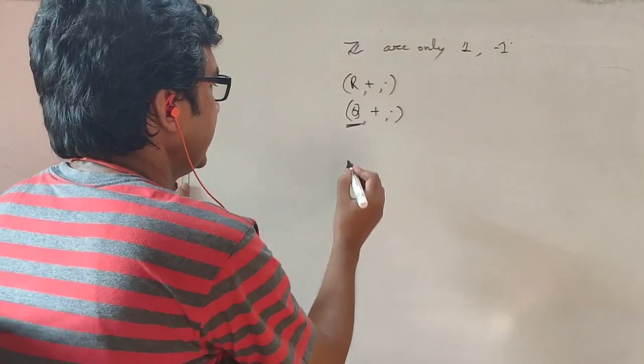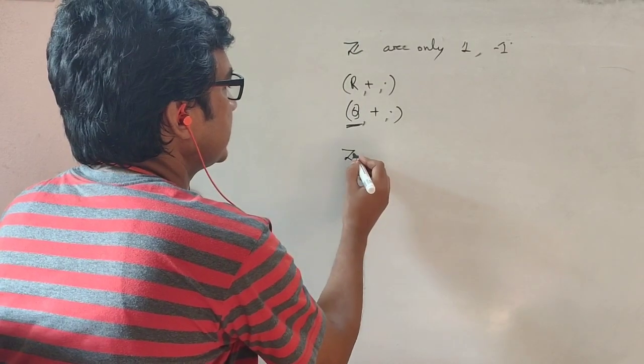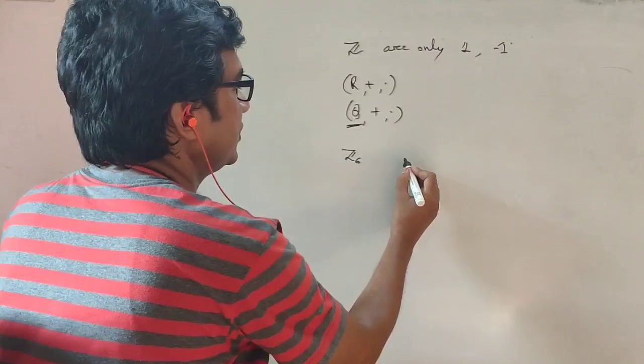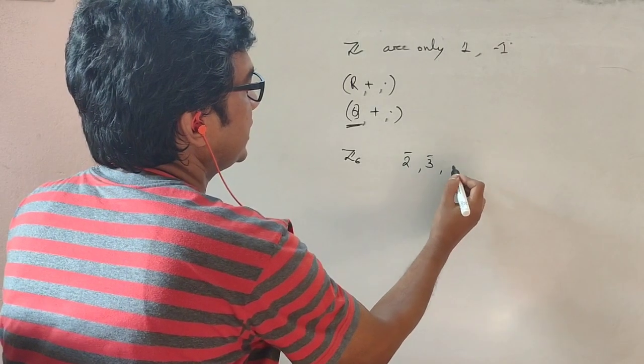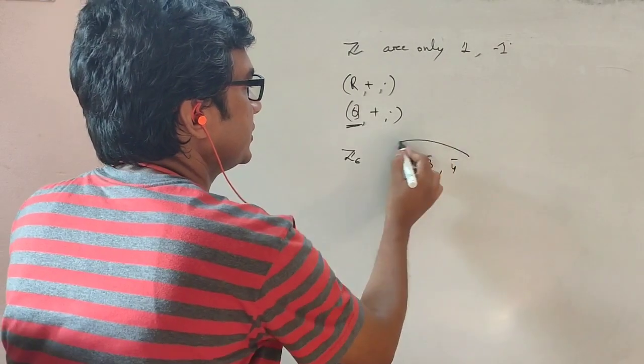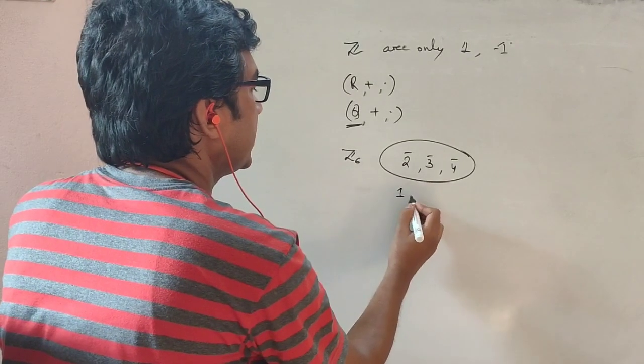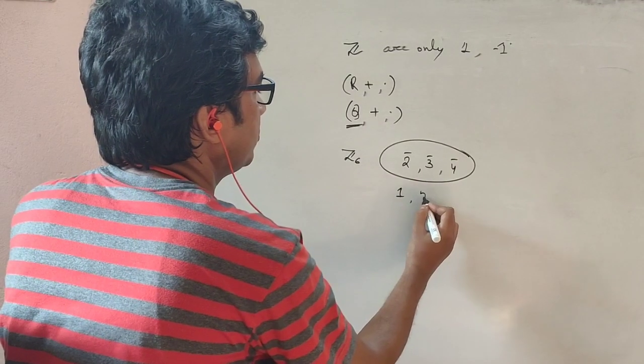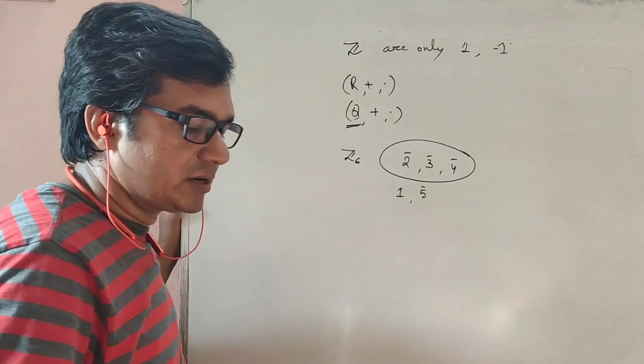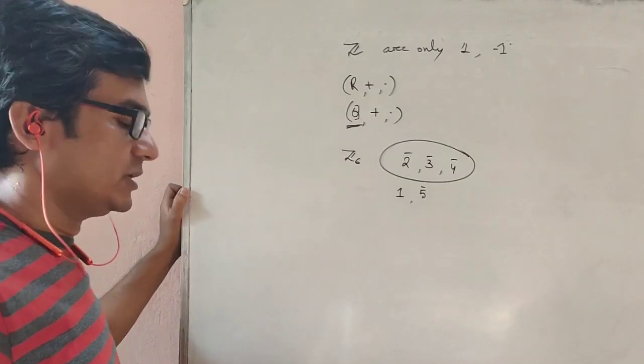Similarly, in Z6, 2, 3, 4 are not unit elements, but 1 and 5 are the two unit elements.